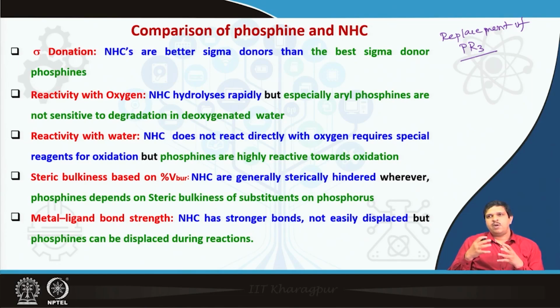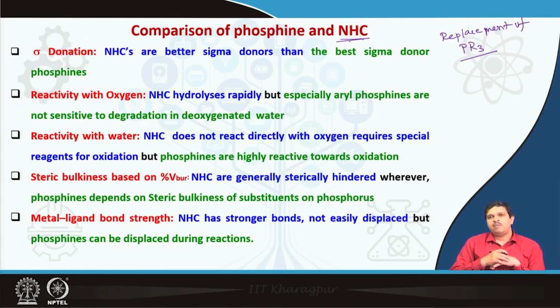if we can develop a catalyst by replacing the existing catalyst, exchanging the phosphine with other ligands which are eco-friendly, environmentally friendly and not toxic, for example N-heterocyclic carbene, we become really happy and it is more acceptable. And why?